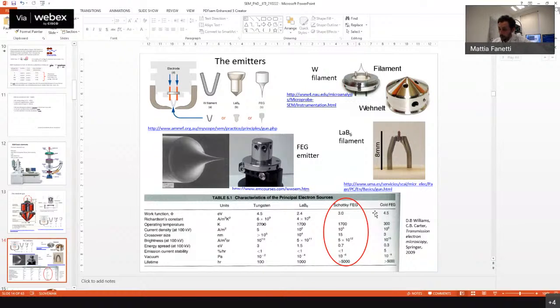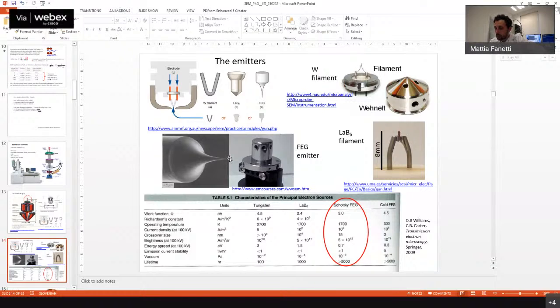The only filament which is not kept at high temperature is the so-called cold field emission gun, which is similar to the thermal field emission gun, Schottky, but is not heated up. In this case, you don't need to heat up, you just rely on the high curvature and the strong field at the tip.